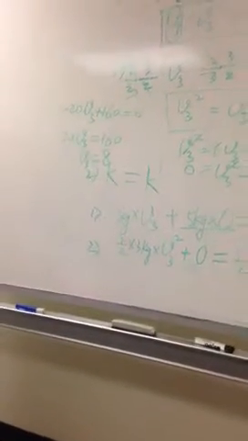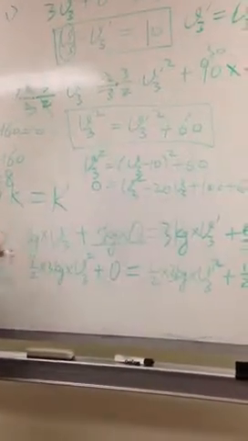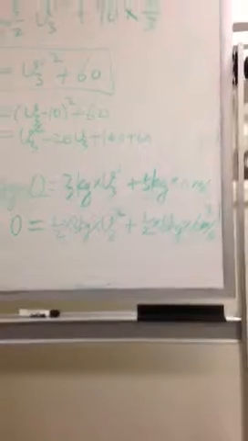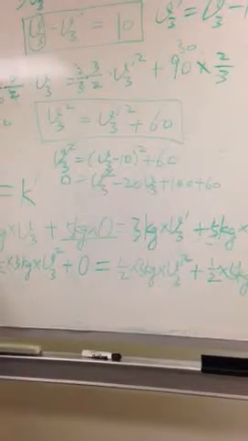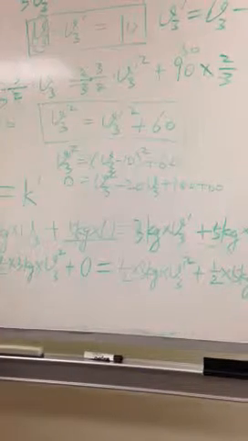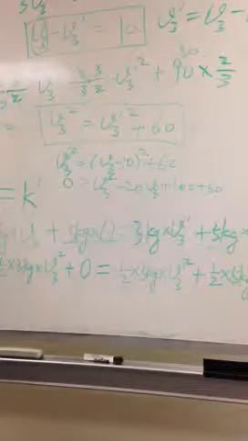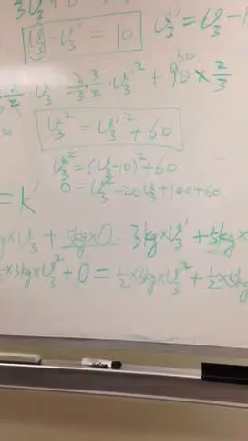Okay. So you understand here how we got these two equations. One is the conservation of momentum, and two is the conservation of kinetic energy. The rest is just to solve the problem using algebra.